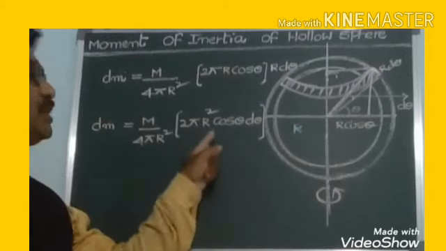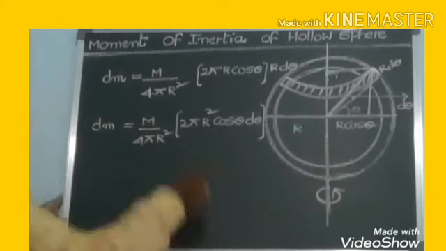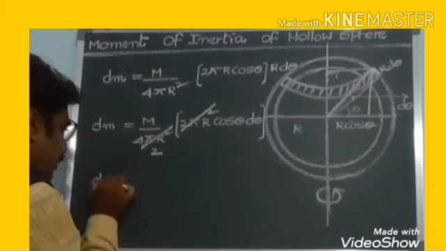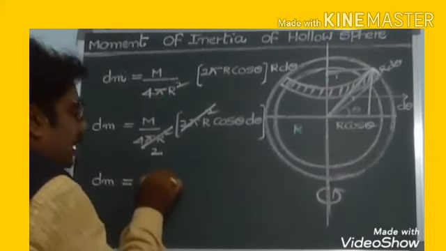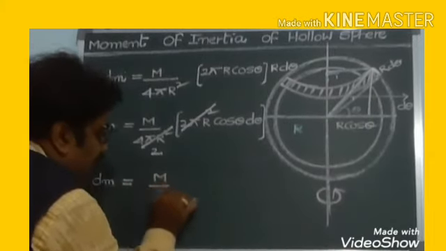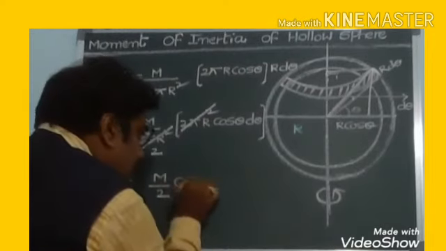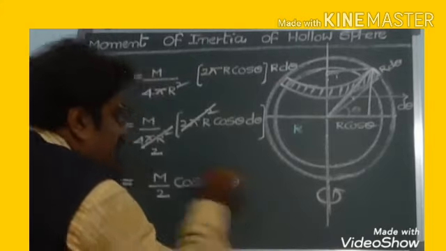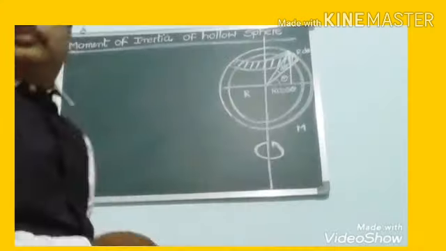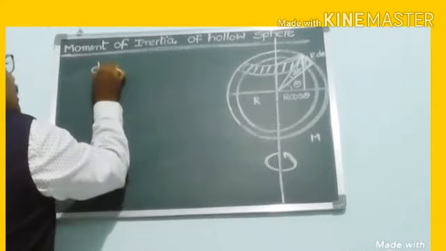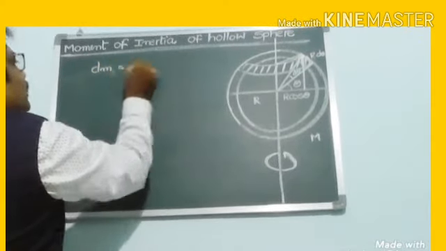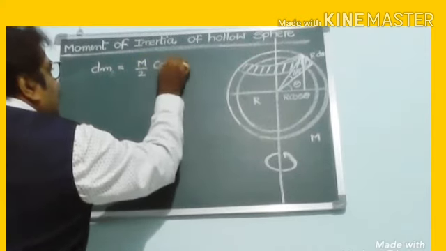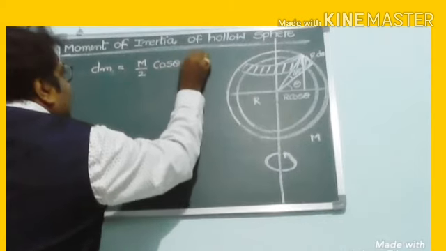Cancelling 2 pi r square in numerator and denominator, dm equal to m by 2 cos theta into d theta. Now what I got: dm equal to m by 2 into cos theta into d theta.